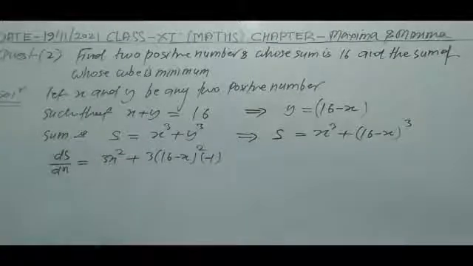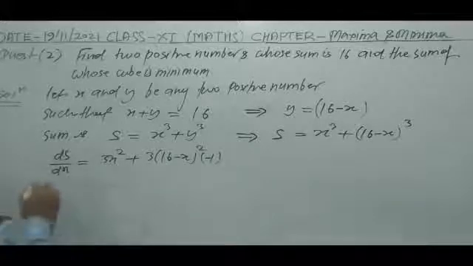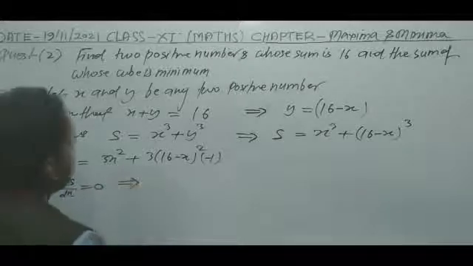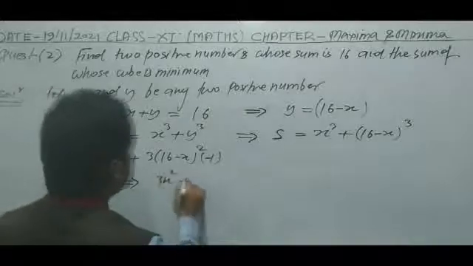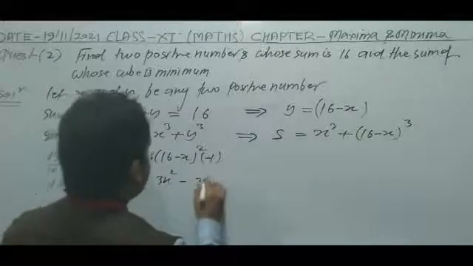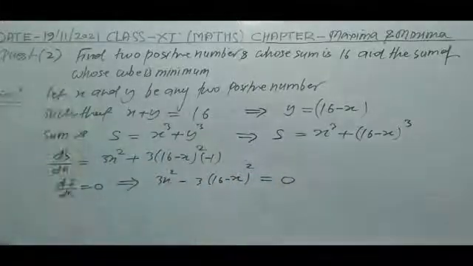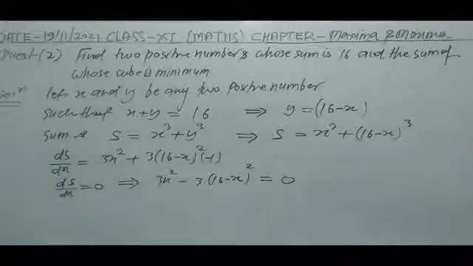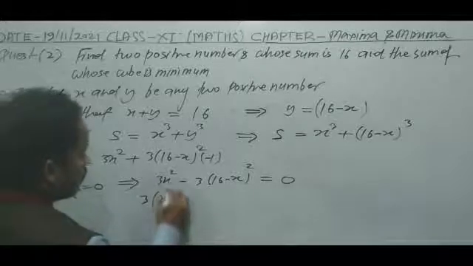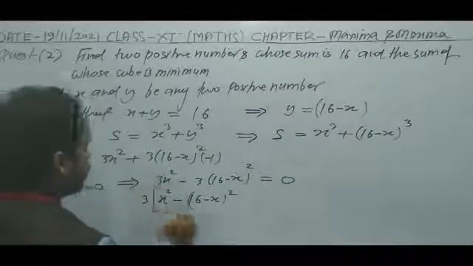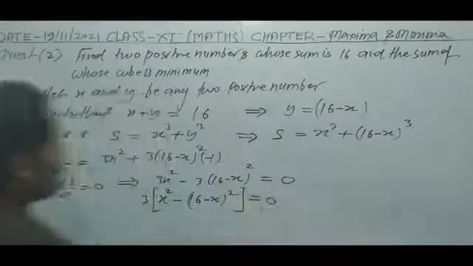And to calculate the turning points, you equate it to 0. Since dS upon dx is equal to 0, this implies 3x square minus 3 times (16 minus x) whole square is equal to 0. Now 3 is common, so 3 times (x square minus (16 minus x) whole square) is equal to 0.